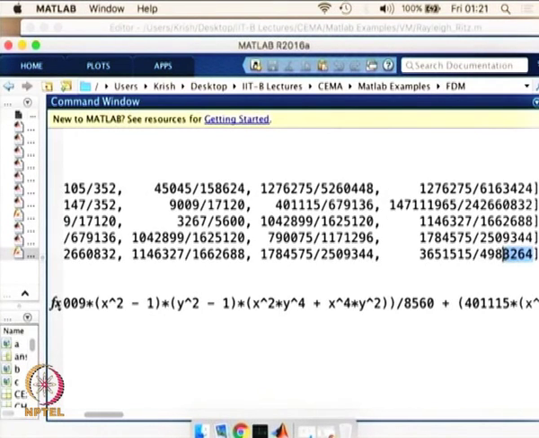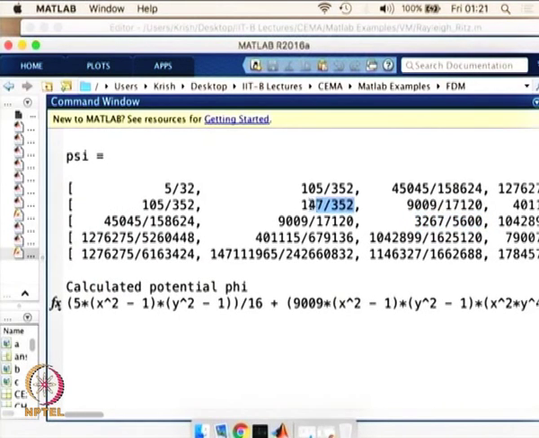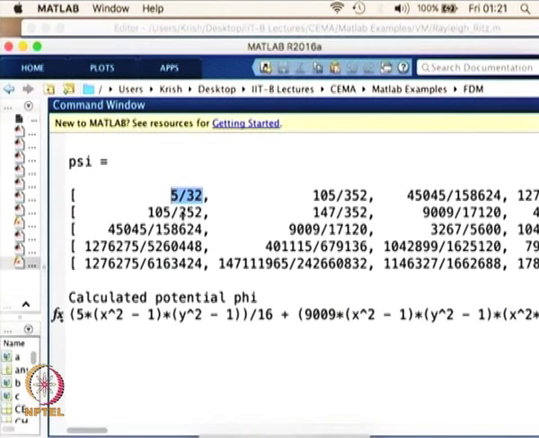So these are the 5 terms. First, this is the last term, and this is one term above, this is the third term, and this is the fourth term, and this is the fifth term. So these are the leading diagonal terms, and you can see 5 by 32, 105 by 32, 105 by 352, and those terms are repeating, and that is how it should repeat because we are going higher in number of basis functions, whereas the lower basis function values will get repeated.